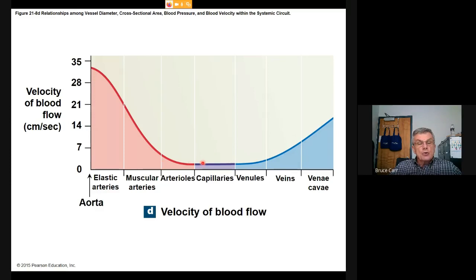After we got down to 2 or 3 centimeters per second in the capillaries, it's going to accelerate back up to around, what? My one eye isn't helping here. Maybe up around 17 or 18 centimeters per second as it gets back to the vena cava and re-enters the heart.